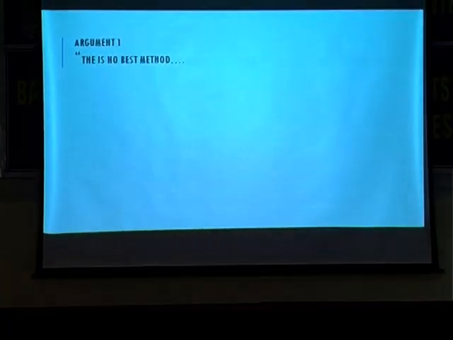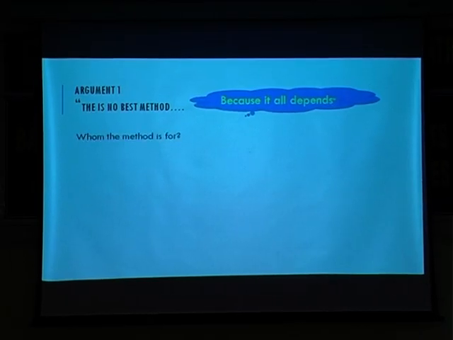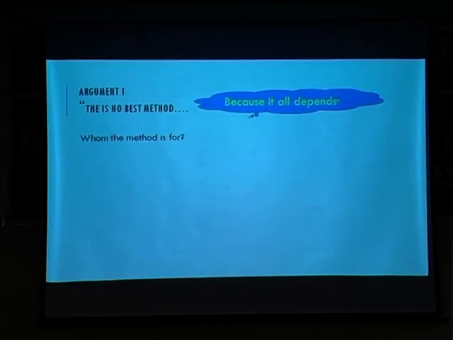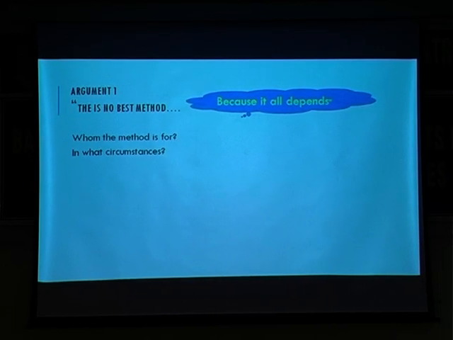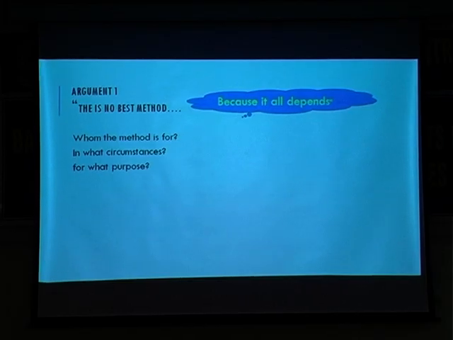So there are three arguments presented here by Prabhu. The first is there is no best method because it all depends. It all depends. Depends on what? Depends on who the method is for, in what circumstances the method is being used, and for what purpose it's going to be used.